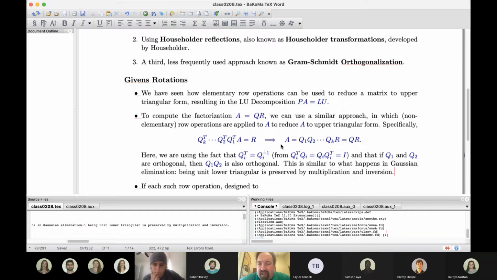And that's how I was able to conclude that A is a lower triangular times an upper triangular. When I took all those row operation matrices and moved them to the other side, I knew that what I had on the other side is still unit lower triangular. And then I multiply all of them together, and it's still unit lower triangular. So being orthogonal or being unit lower triangular are nice properties in the sense that they survive things like multiplication and inversion.